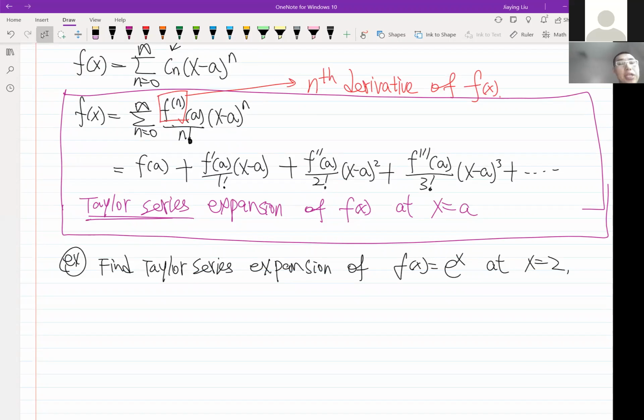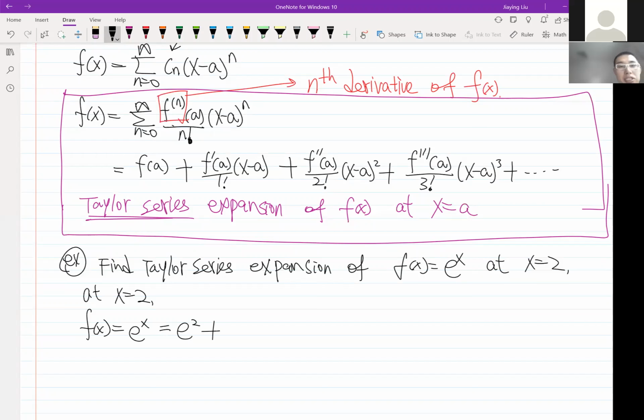I'm going to use the formula here. So at x equals 2, f of x equals e to the x will equal, the first term is f of a. What is f of a? Well, f of a is just e to the a. And what is a? A is 2 in this case, so it will be e squared. So that will be the first term.